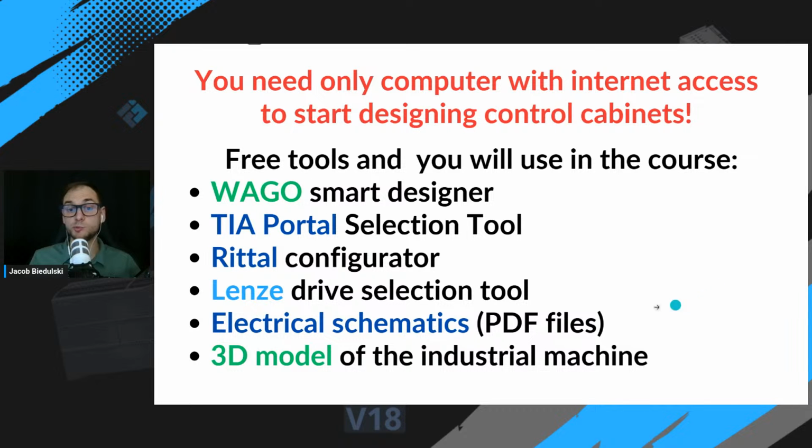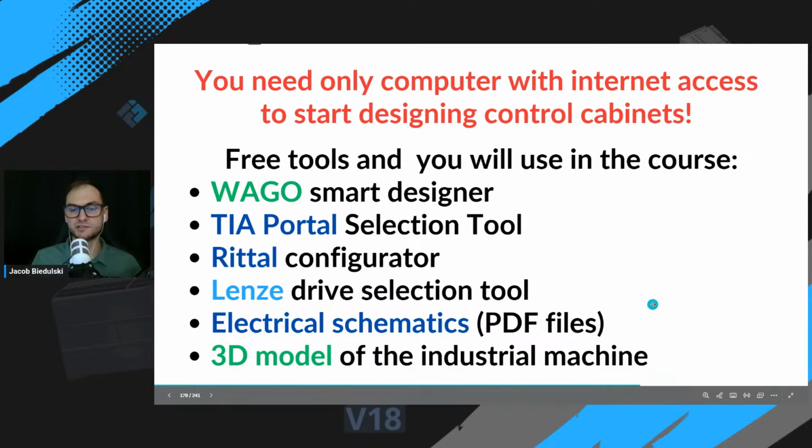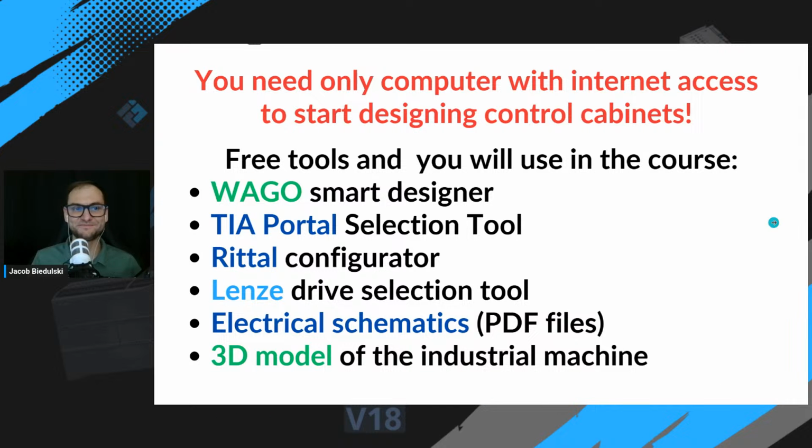All the schematics will be delivered in PDF format that you can start on your own PC, and you will get a 3D model of the industrial machine and control cabinet.